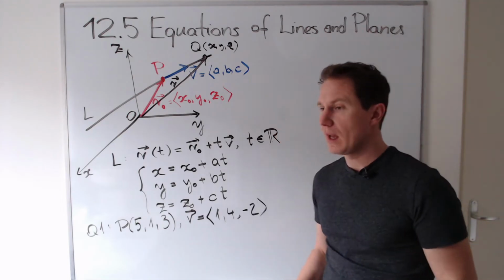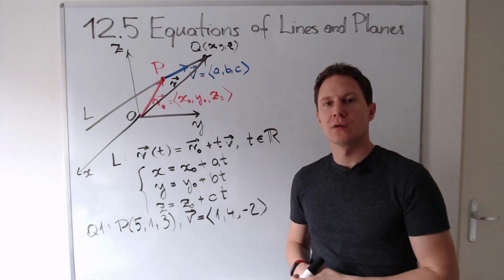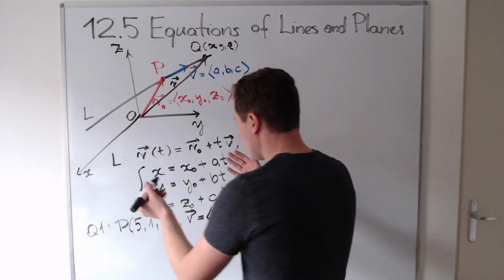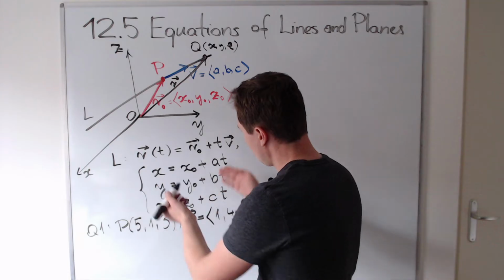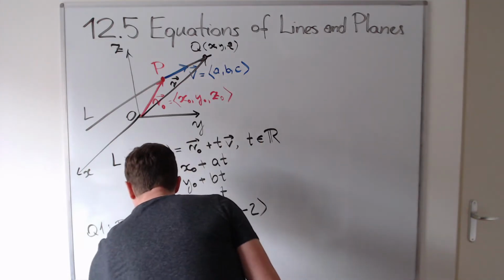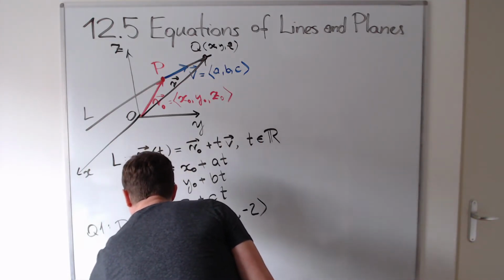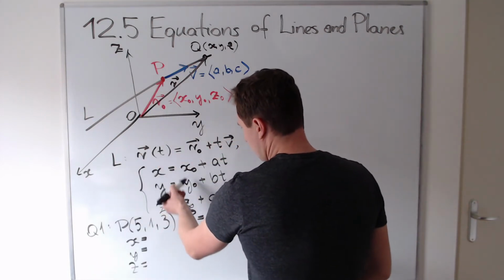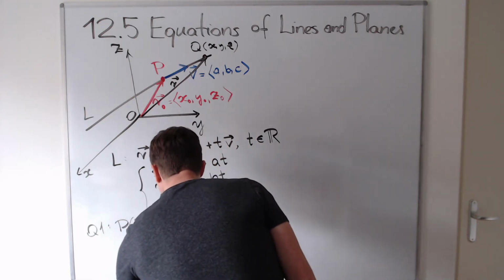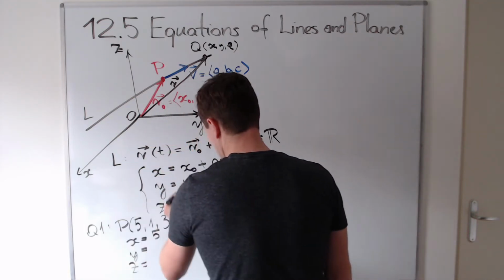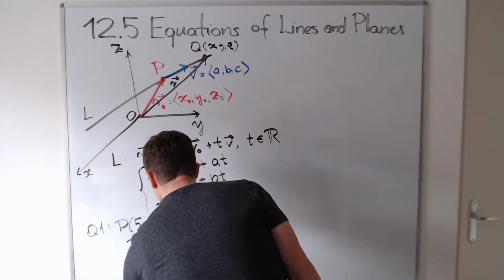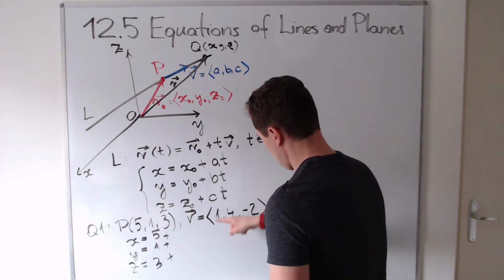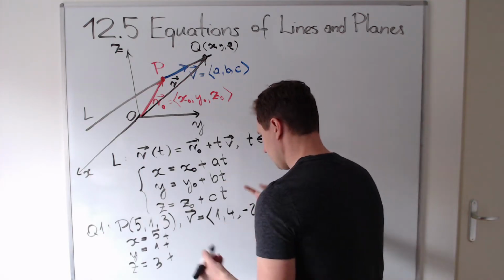Okay, pause the video and input your answer below. Okay, I hope you paused it and have found that one possibility to complete this set of equations is simply to have the coordinates of P as these numbers 5, 1 and 3, and add to that multiples of t, where the multiples are given by the components of the direction vector.